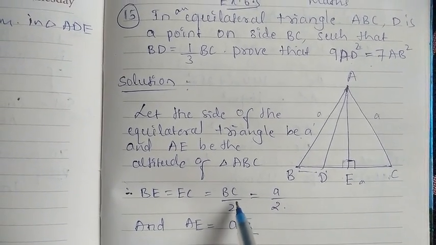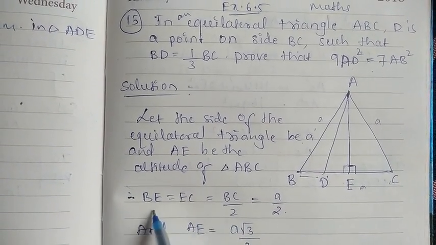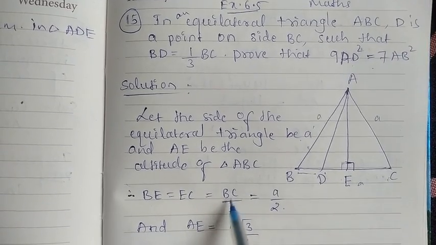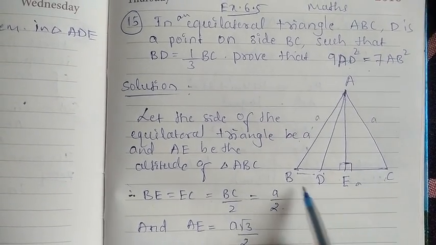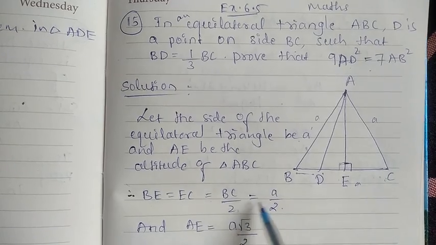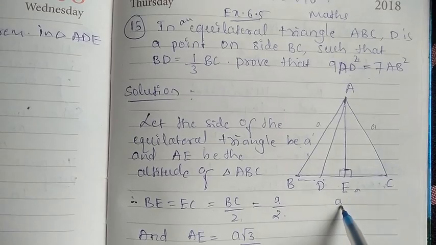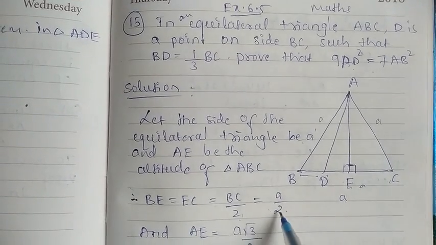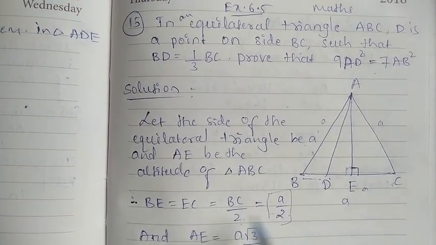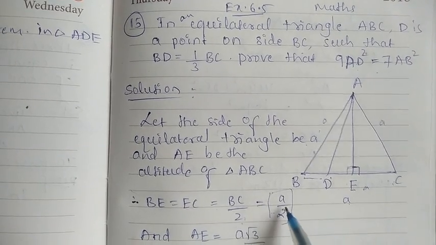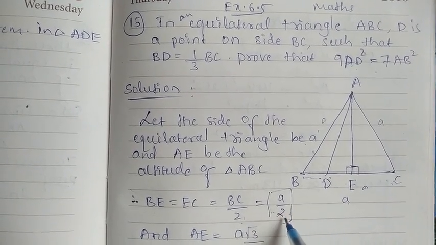So BE is equal to EC is equal to BC by 2, half of BC. The side of the equilateral triangle BC is A, so BE is half of A, A by 2.